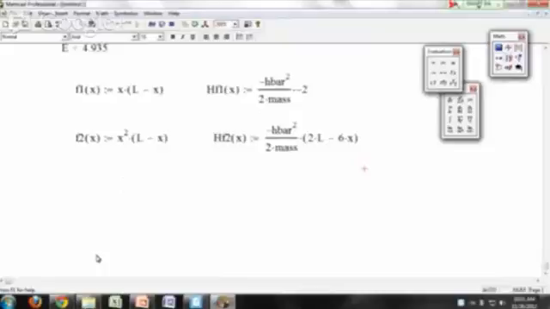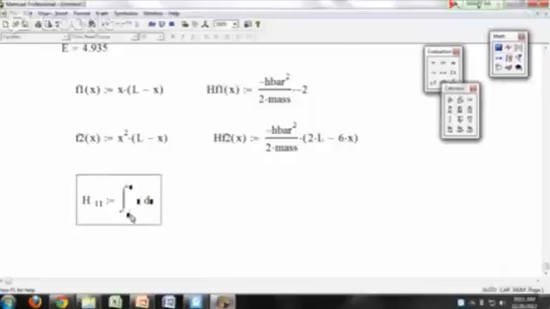All right, so now that I have that, can I calculate my integrals? What's my first integral? h11 equals integral from 0 to L dx.